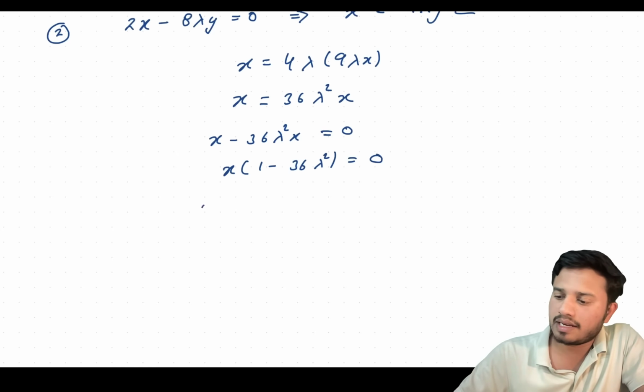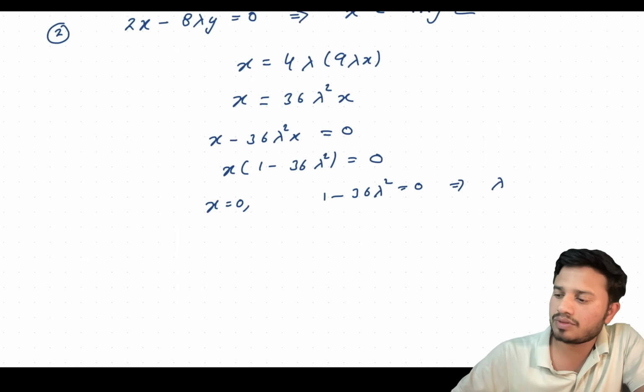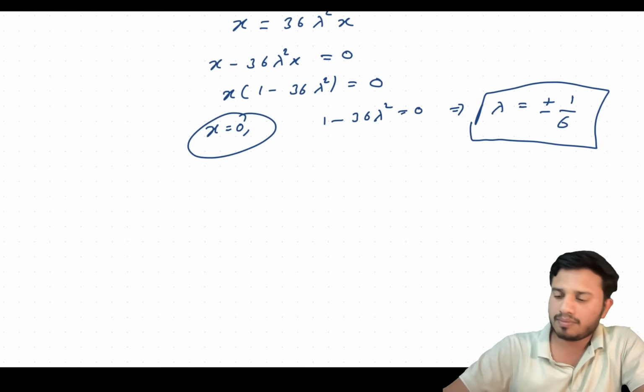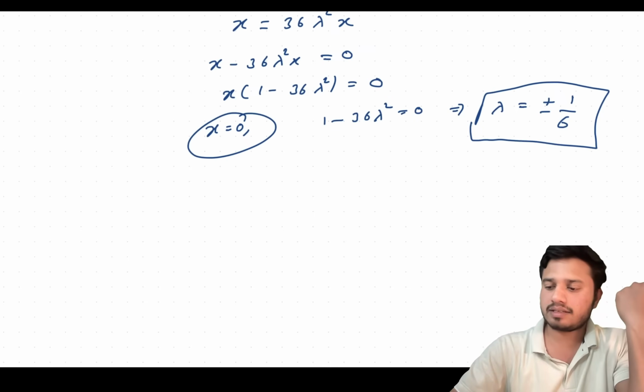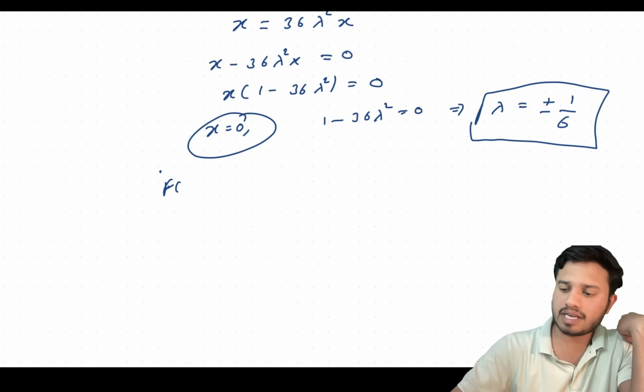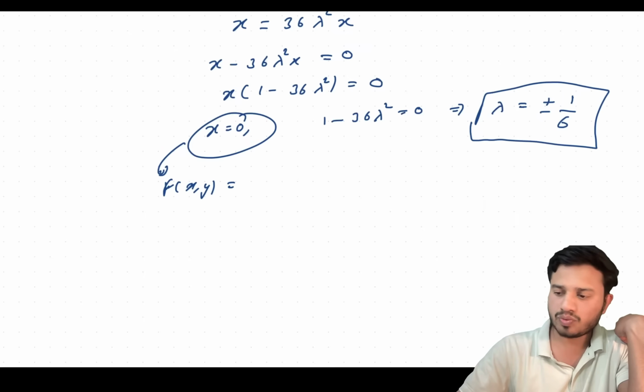Okay, now either x can be 0, minus 36 square can be, if it is 0 then we find that lambda equals plus minus. Now x cannot be 0, because if x is 0 then xy at 0 will become 0.